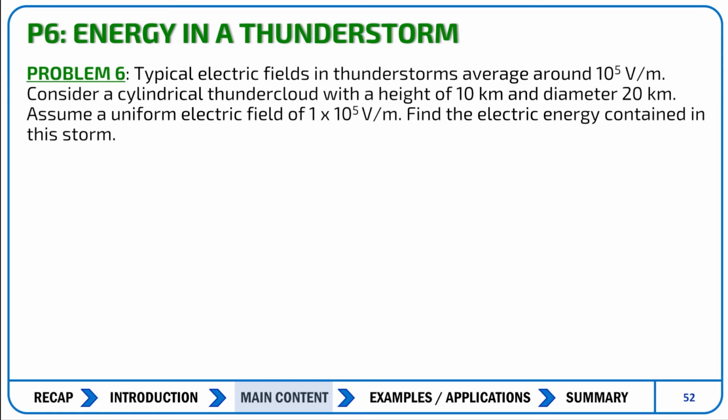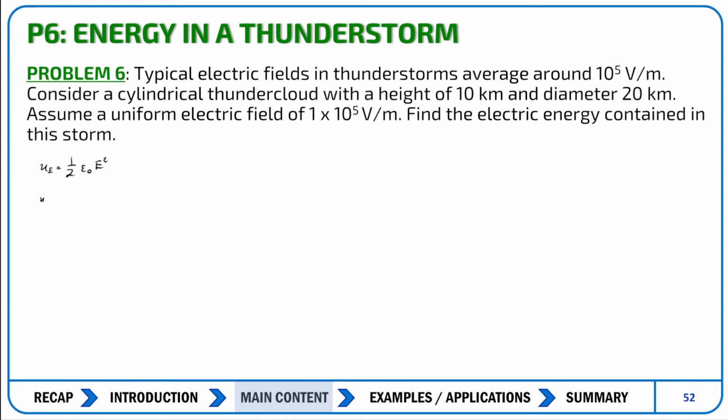So we are taking a look at electric fields and energy within an electric field, which means we should use the energy density. The proper equation is U_E, the electric energy density, equals 1/2 epsilon naught E squared.